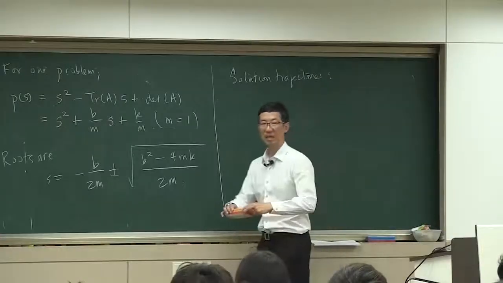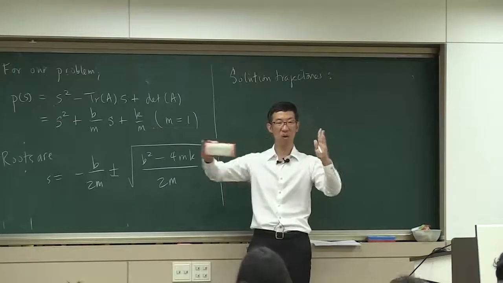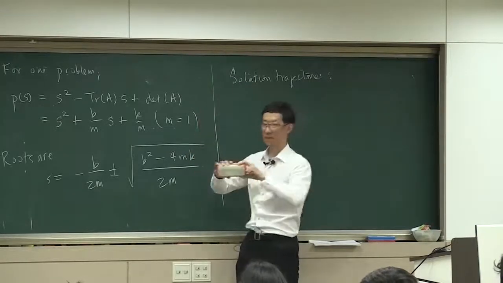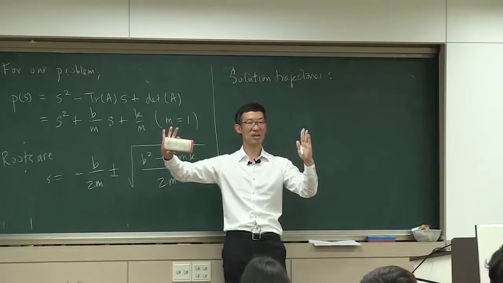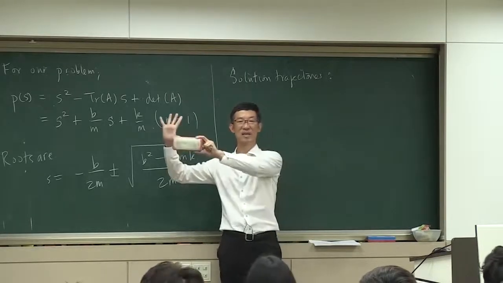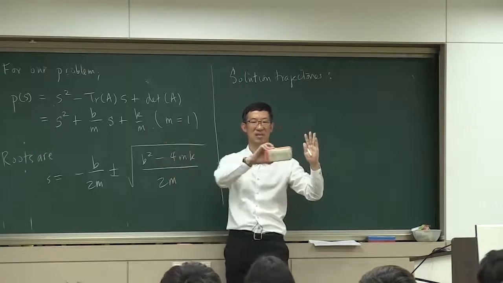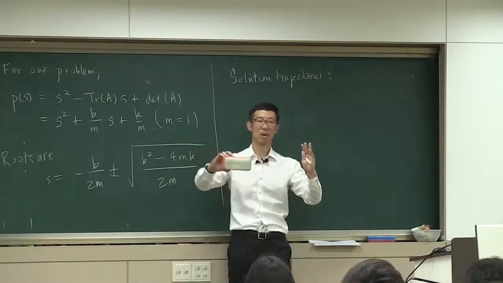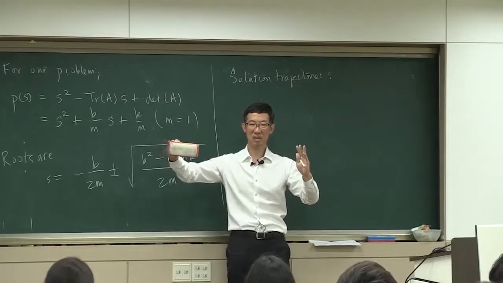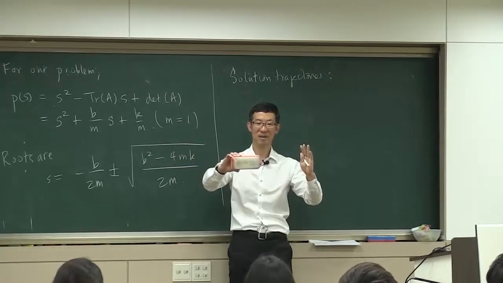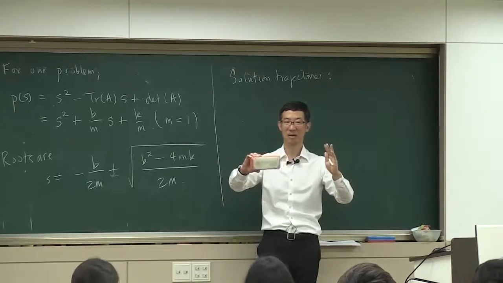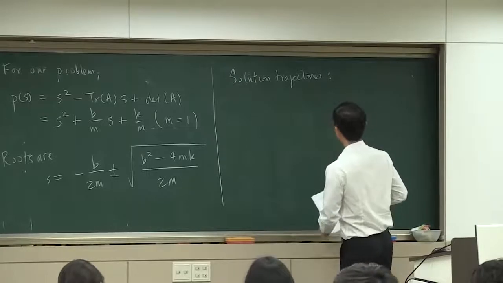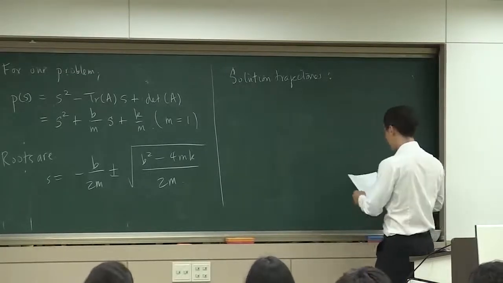Physically, here's a spring attached to the wall, right? So pull it, let go of the spring, and then it's going to do this, right? It's going to do that. Or it could just go really slowly to the equilibrium. So it could do a number of these things. So 3 cases for the solution trajectories.